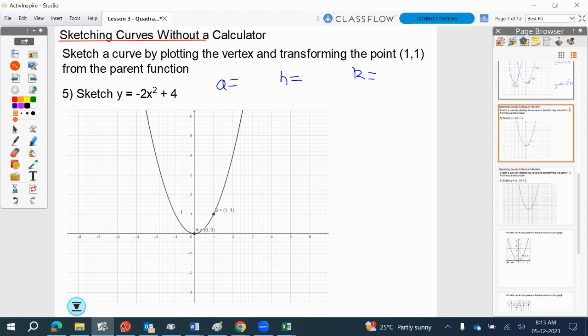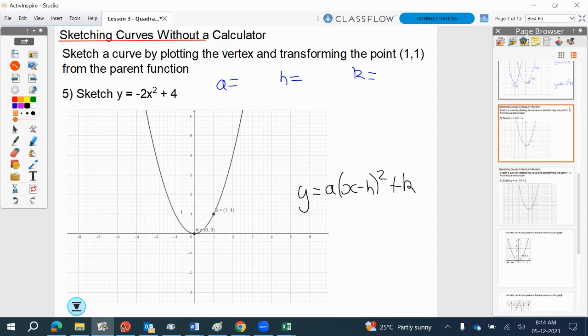Okay, let's have a look. You want to write down the general form very clearly. We're referring to this form: y equals a bracket x minus h squared plus k. Now, a is always the number you're multiplying x by.